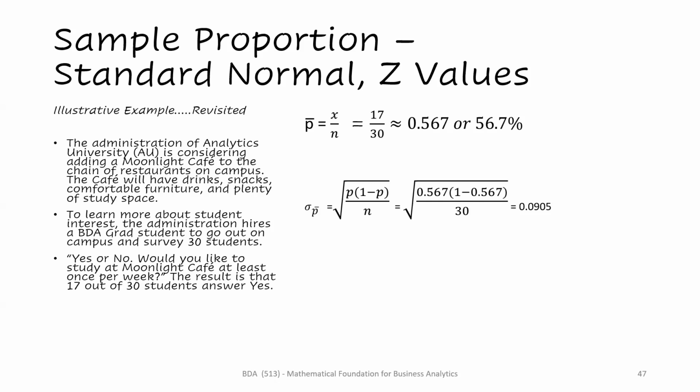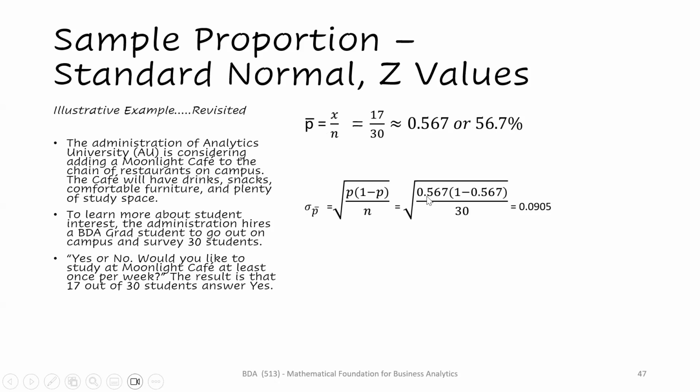When we calculated the p bar, we got 56.7. Now to calculate the standard deviation, is it the p that we have calculated, or the p bar you have calculated?